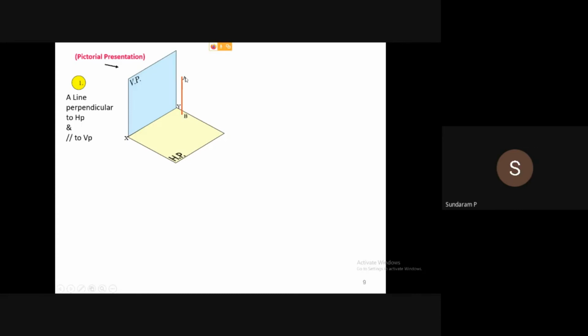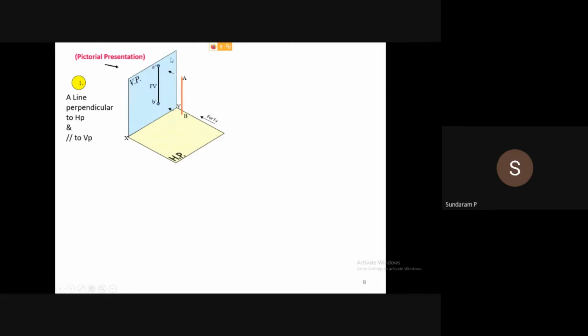One end we call A, the other end we call B. So the front view shows both ends. Always remember, the front view is labelled with smaller letters with a dash. Original object edges or ends use capital letters, but in the projections we use smaller letters with a dash for the front view.